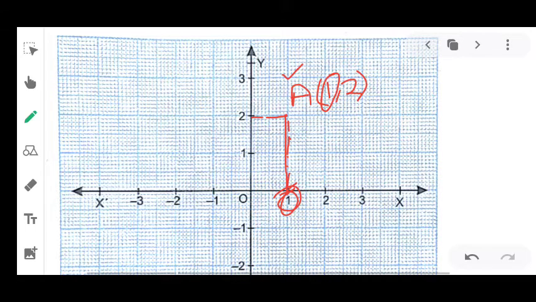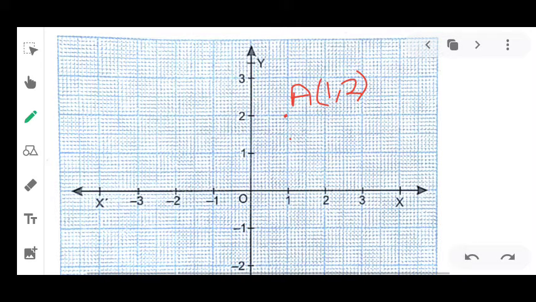Now the line which intersects the y axis at 2, so 2 is called the ordinate of the point A, or we can say y coordinate. So the y coordinate of this point is 2. First write down the x coordinate of this point.